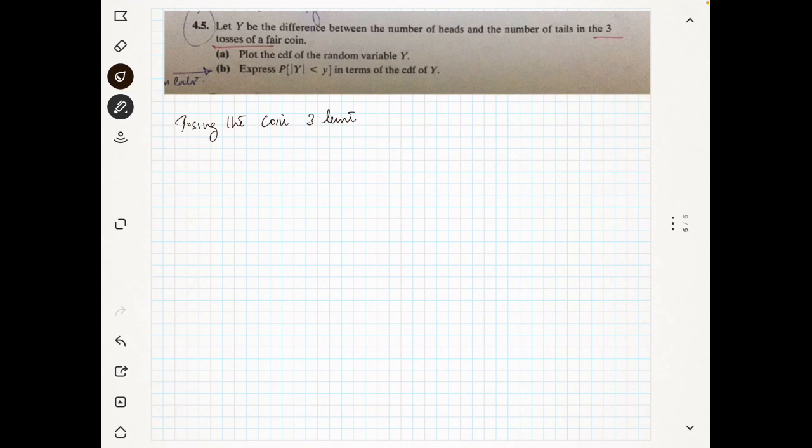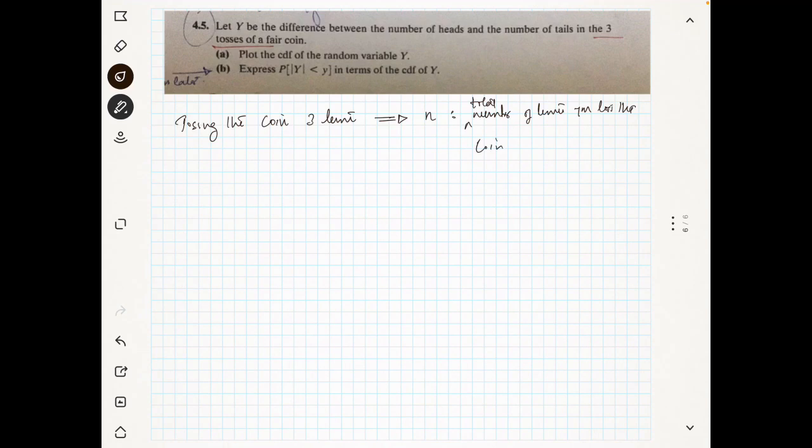Let us assume that the number of times you are tossing the coin is n. So n is denoting the total number of times you toss the coin.